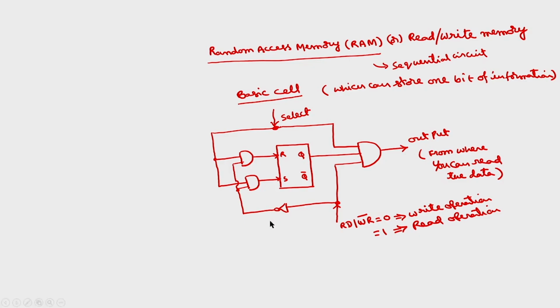This is read by write bar signal, and there will be an input signal which will be connected through an inverter to this AND gate and directly connected to the other AND gate.